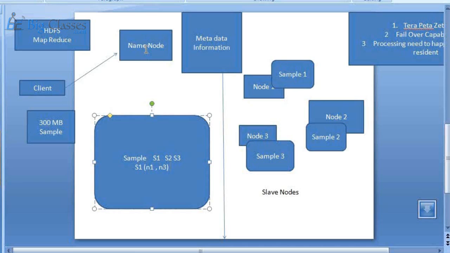So in the metadata, I'm pretty sure the block address will also be there, right? Obviously, yes, the block address will also be there. At what address it is being stored, these are all internals of this architecture.